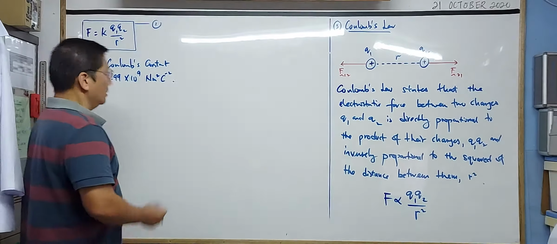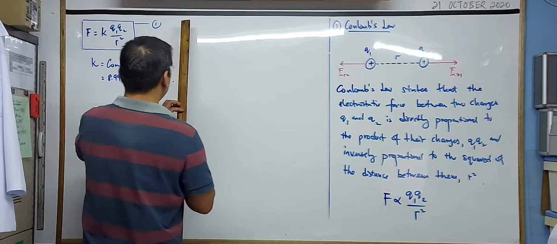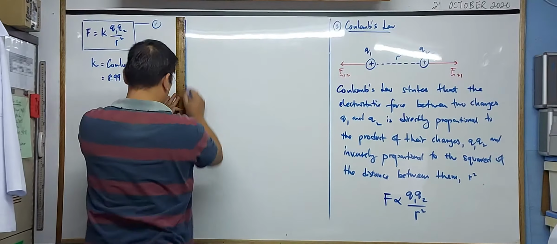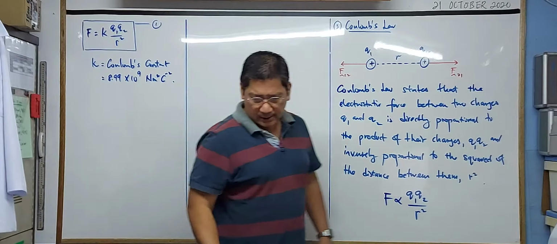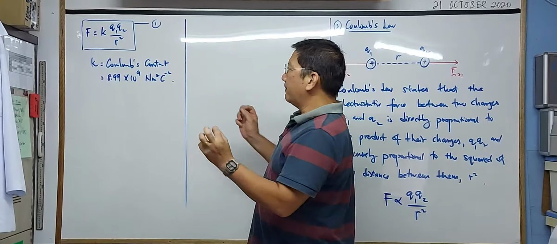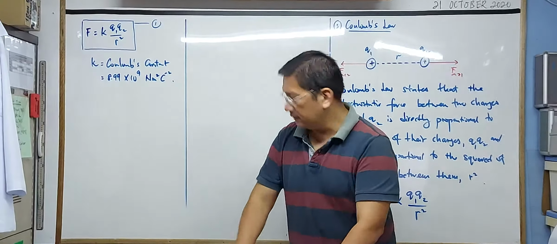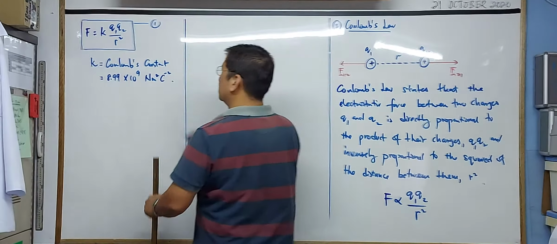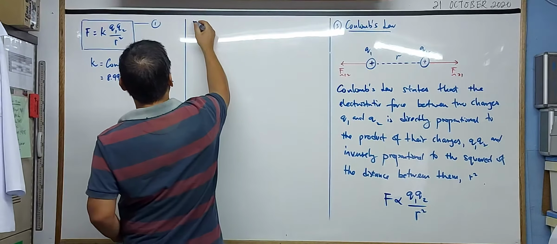So the K value is called Coulomb's constant. By using this equation, we can calculate, for example, the force between two charged particles when they are placed at a certain distance. Let's look at example 1.